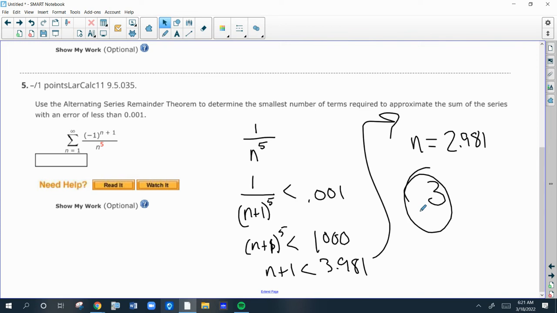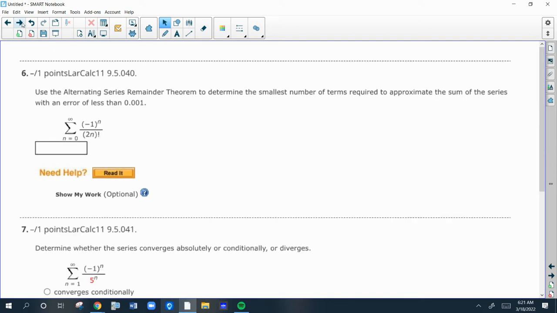The next one. Okay, so number 6 is the same deal. We want to be within 0.0001. However, this is an exponential, so this might be a little bit different. So the n plus first term is the one that will give us the error.